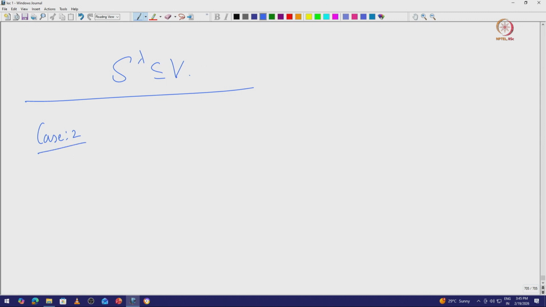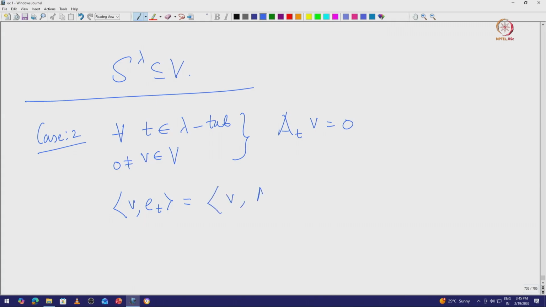That means for all tableaux T in lambda tableaux and for all non-zero v in V, we have that A_T v is 0. Now, note that the inner product of v with e_T is exactly equal to the inner product of v with A_T applied on T, but A_T is self-adjoint. So, this is exactly equal to the inner product of A_T star v with T, which is exactly equal to the inner product of A_T v with T. Since A_T v is 0, this is 0.